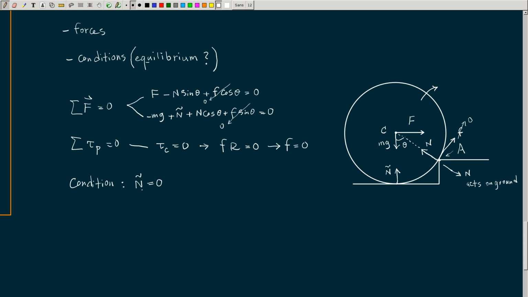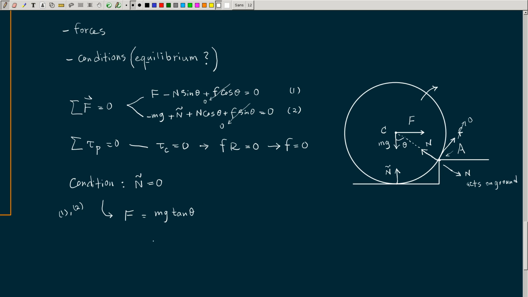If you put this N twiddle as 0 in these two equations and solve for F, from equations 1 and 2, you can find that F is mg tangent theta.